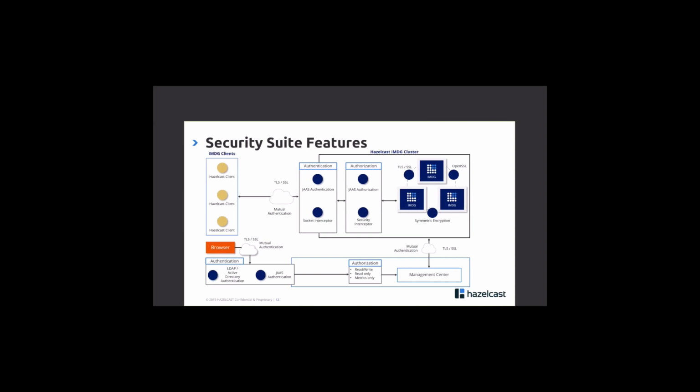And then you'll see in the upper middle, authentication with JAAS. We also have the socket interceptor, which you might remember is essentially a hook that allows you to write custom code for authentication. So it gives a lot of flexibility in the types of authentication you want to do. And then there's the authorization with JAAS authorization. And then comparable to the socket interceptor, there's a security interceptor. Again, another API that allows you to plug into the authorization process and write your own custom authorization modules.